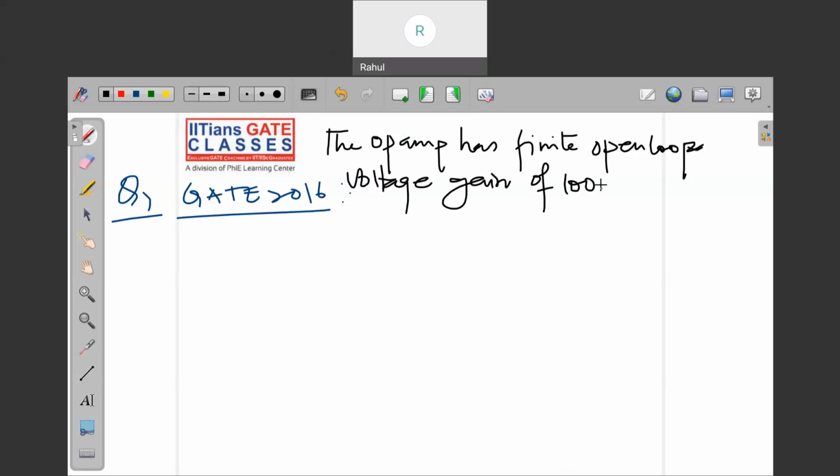Its input offset voltage, that is VIOS, is given as plus 5 millivolt.